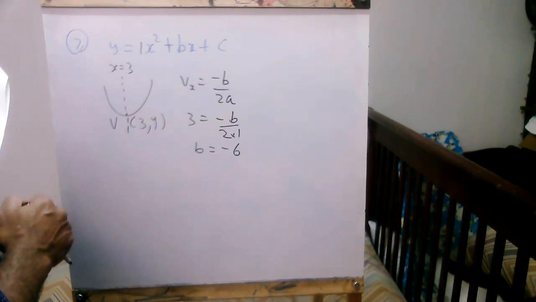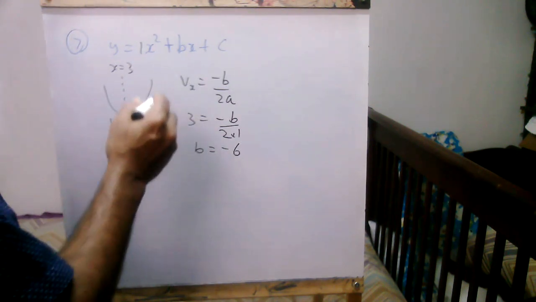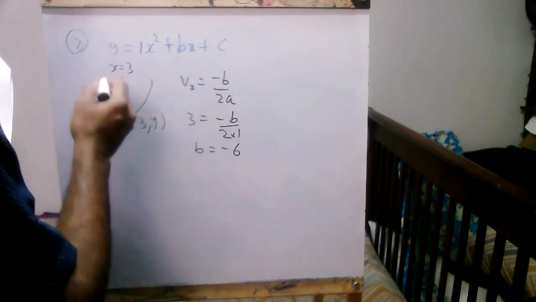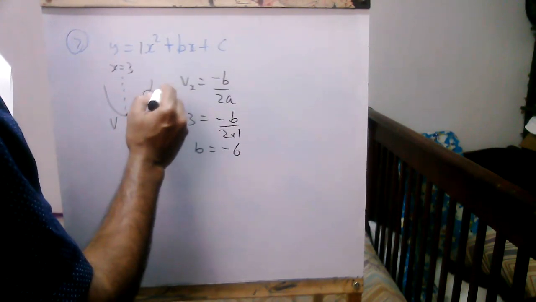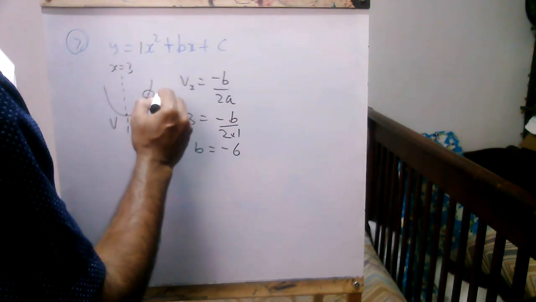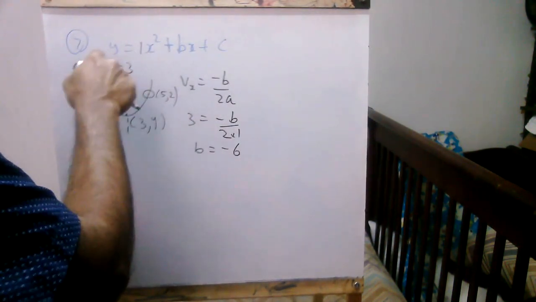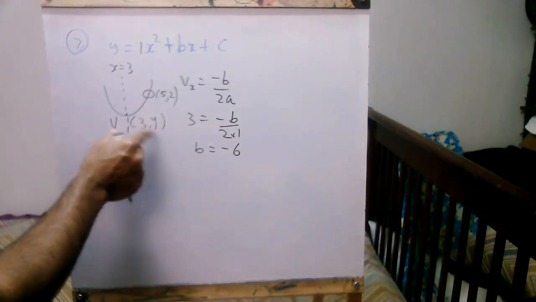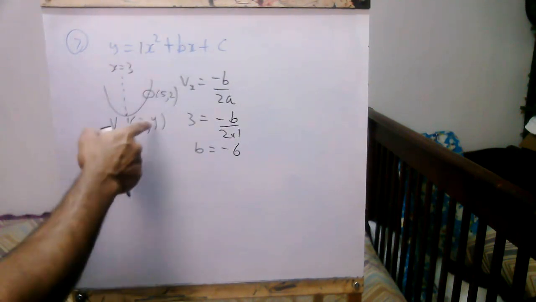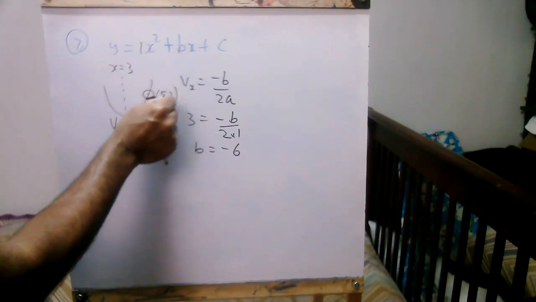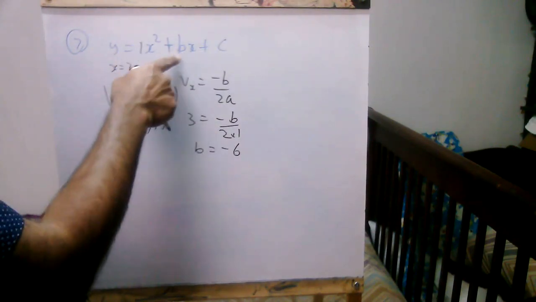it is given this parabola passes through the point (5, 2). (5, 2) can be anywhere. So these coordinates should satisfy the given equation. If you substitute here, the thing is we don't know c. When you substitute these two coordinates here, we know both x and y.